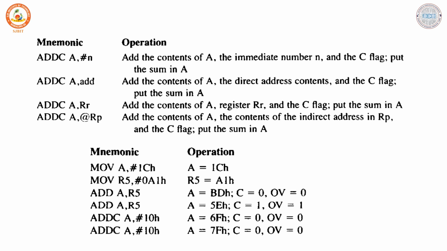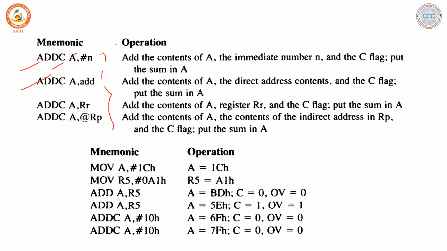And with respect to addition using the carry bit, we have an instruction called the ADDC opcode. With ADDC, with all the addressing modes, we can perform the addition along with the carry content. Here the content of the accumulator is added with the immediate value and along with the carry bit, and finally the result is stored in the accumulator.